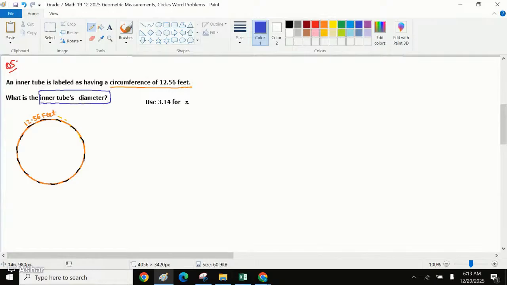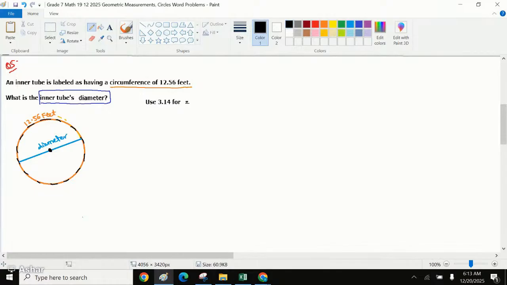That means we need to find this line touching the circumference internally, but also passing through the center. We need to find the diameter.